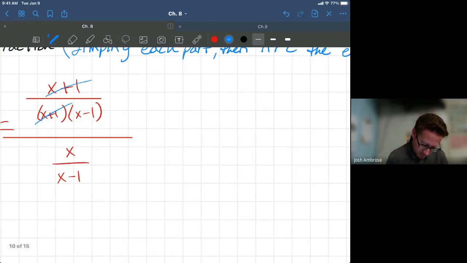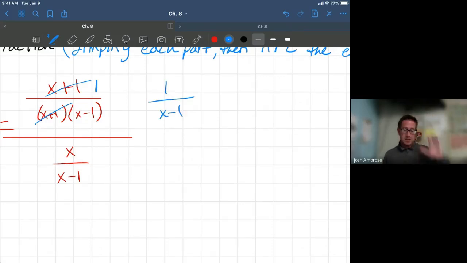Okay, so now let's rewrite this. This in the top is going to have a 1 up there. So it's going to look like 1 over x minus 1. That's what we're going to keep. Then we're going to flip the bottom and multiply it. x minus 1 over x.